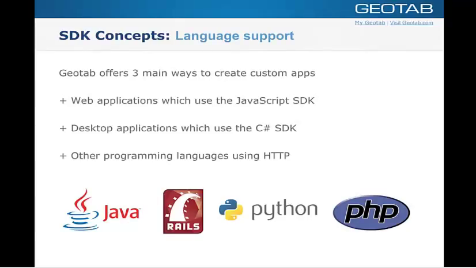So let me warn you, this is about as technical as we're going to get today. From a developer's point of view, there's multiple ways that you can start taking advantage of the SDK. We offer a package for JavaScript for web applications that you can completely just drop into your own software and start using it there. On the desktop side, we have a C# SDK that you can start making desktop applications very easily that use telematics data.